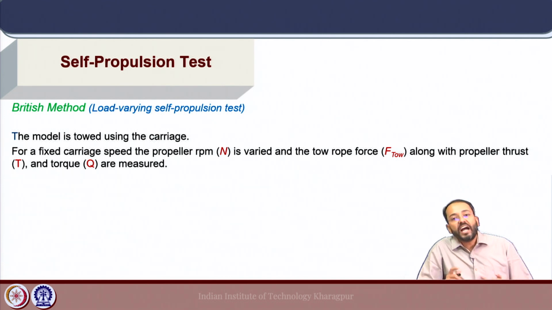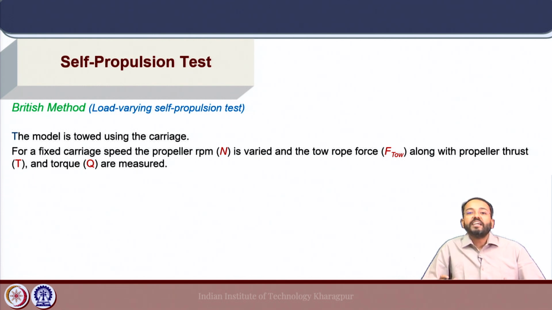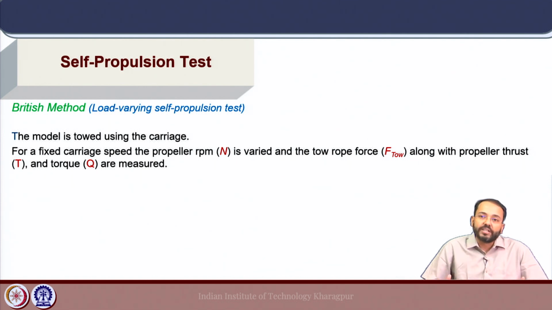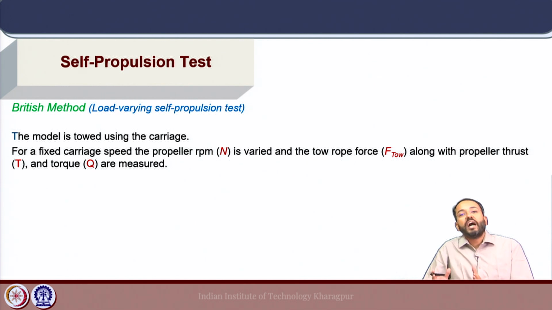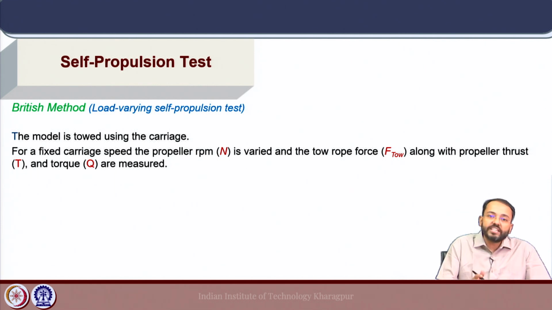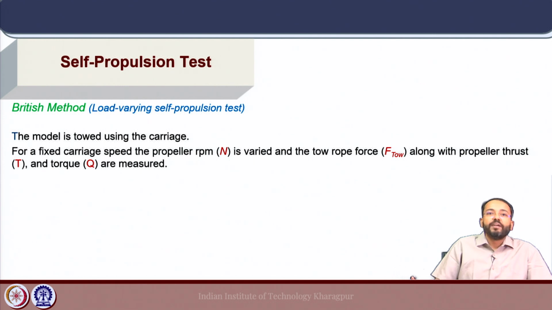For varying RPM of the propeller, the force exerted is the tow force, and it is measured by the resistance dynamometer, and apart from that the propeller thrust and torque are measured using the propeller dynamometer. A demonstration of this in our facility will be shown just after this slide.